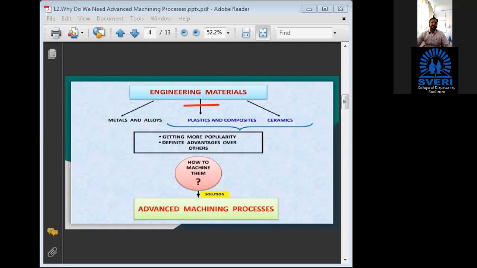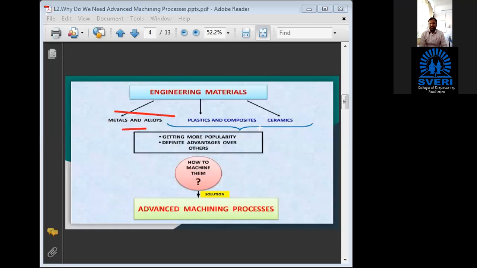One is metals and alloys. The second group is plastics and composites. And the third one is ceramic materials.